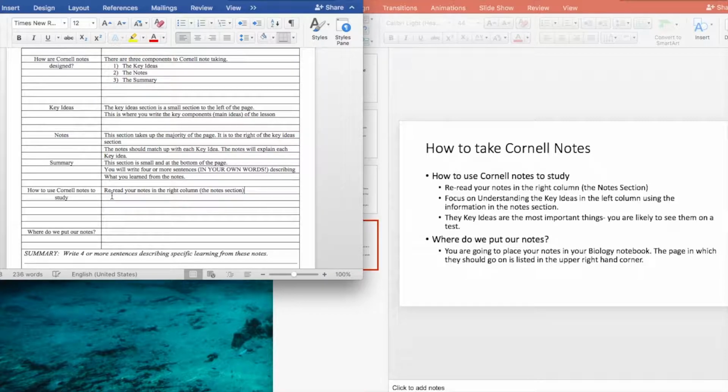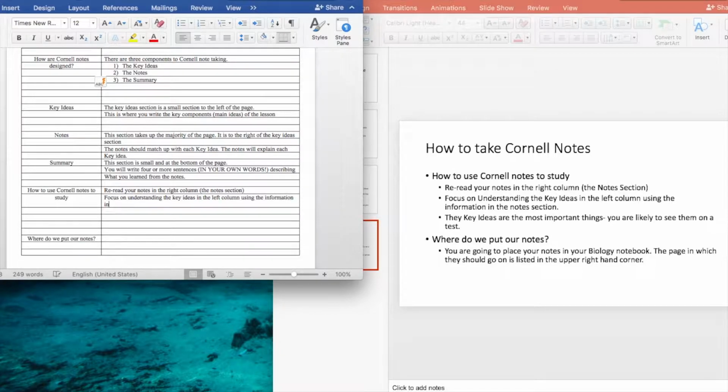And then we are going to focus on understanding the key ideas in the left column using the information in the notes section.